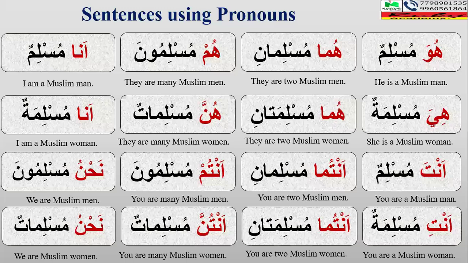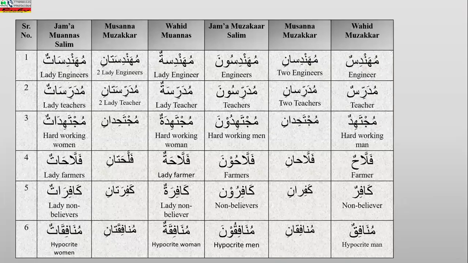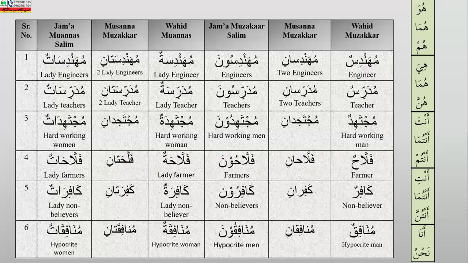So I hope everyone got these sentences, that is how we use pronouns in the sentence. Now I'm showing you the table. You can see I have taken these words from the Quran, and let's practice with pronouns.